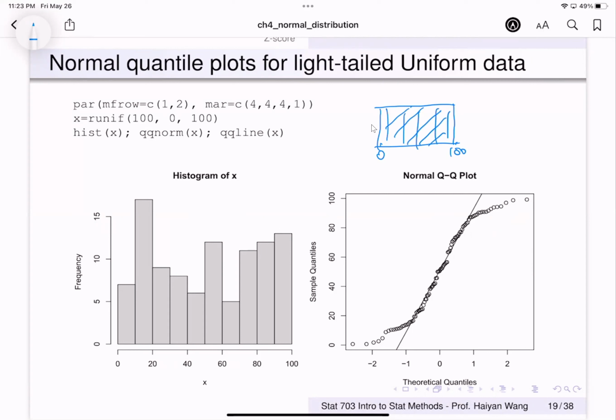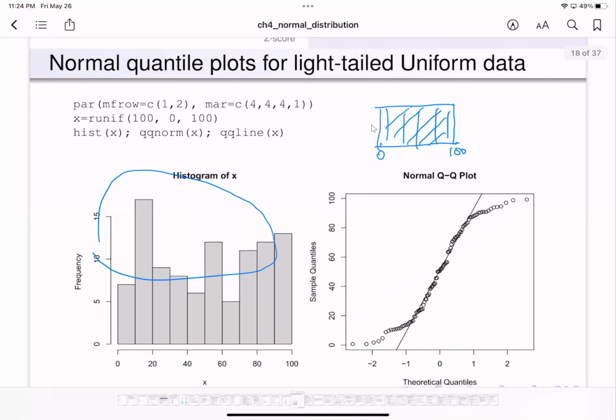But unfortunately, observed real data will not follow exactly this kind of PDF. Instead, if you plot a histogram, this is what is shown. You see some parts that don't look like a horizontal line. But anyway, this is how uniform data look.